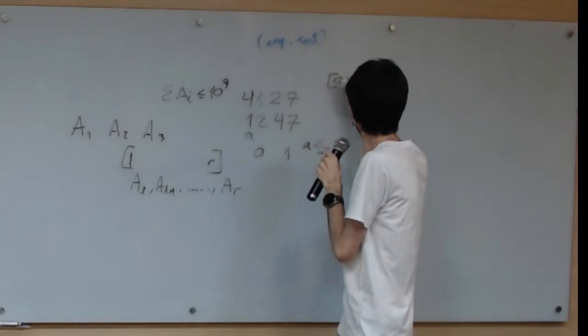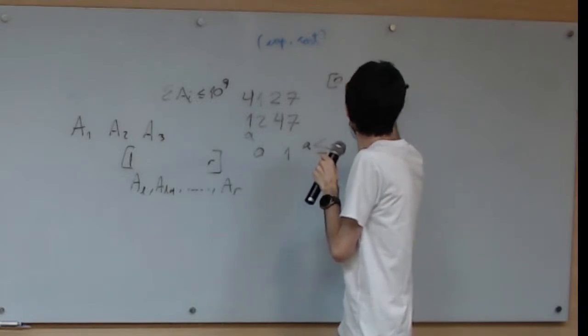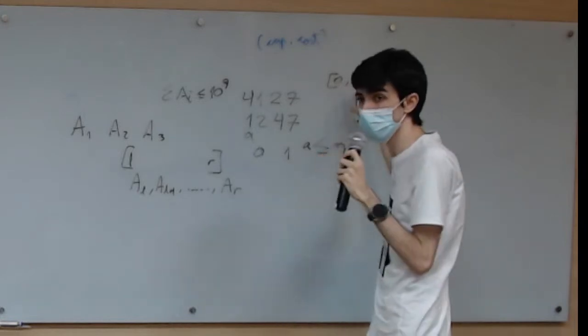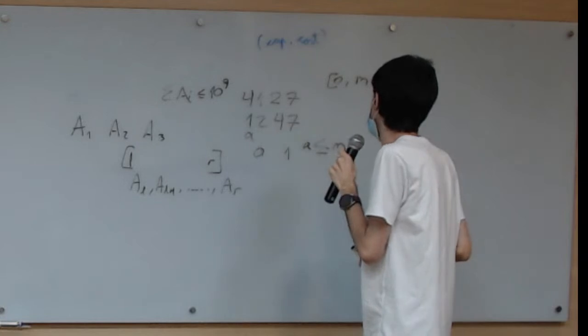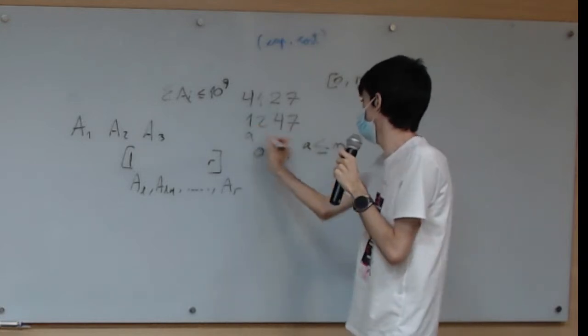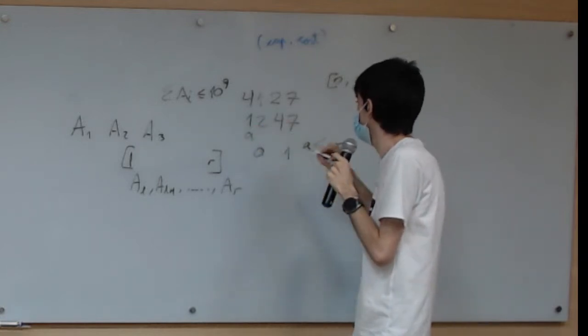we can make all numbers from 0 to n minus 1. And let's say we consider until some point.